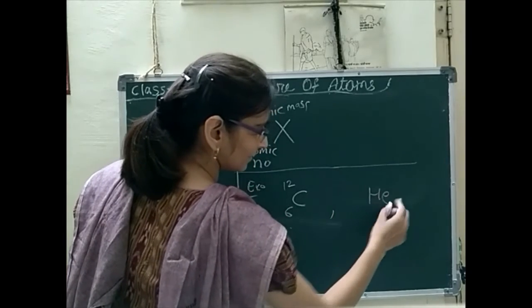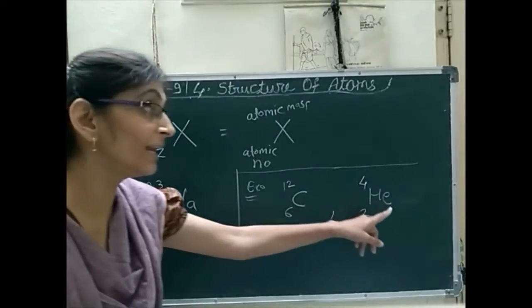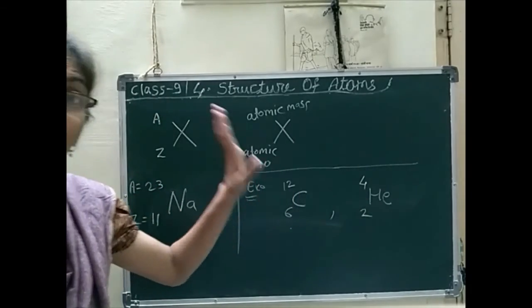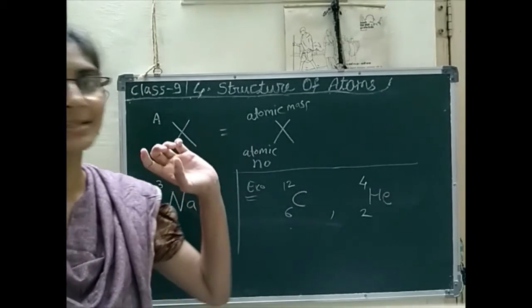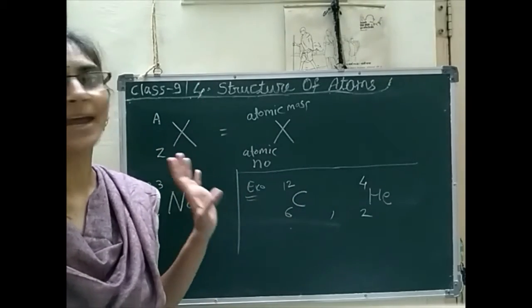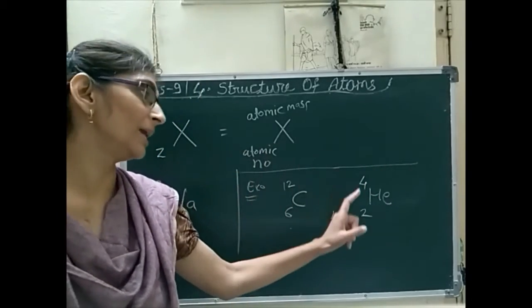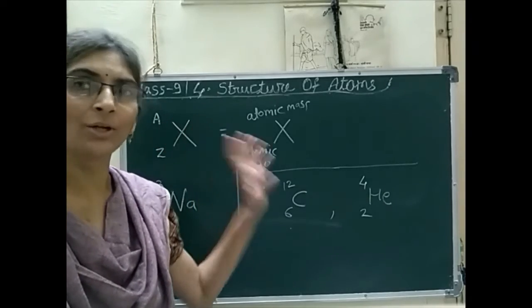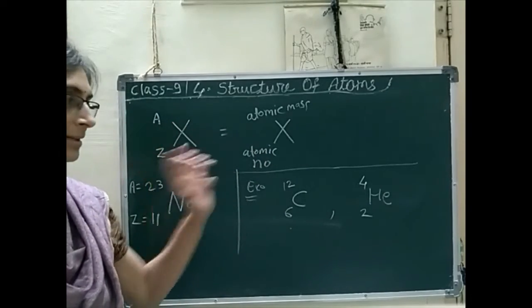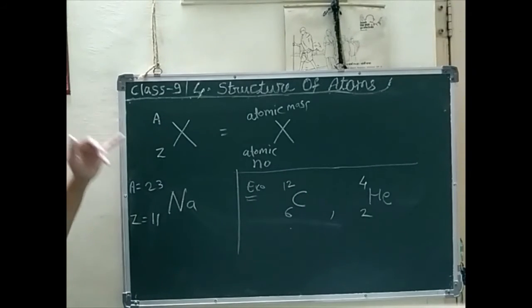Helium: 2 and 4. From the atomic mass of helium, the neutron was discovered by J. Chadwick. Only from the atomic mass of helium, J. Chadwick could discover the neutron. This is a very interesting theory. So in this manner, you can write atomic mass and atomic number.